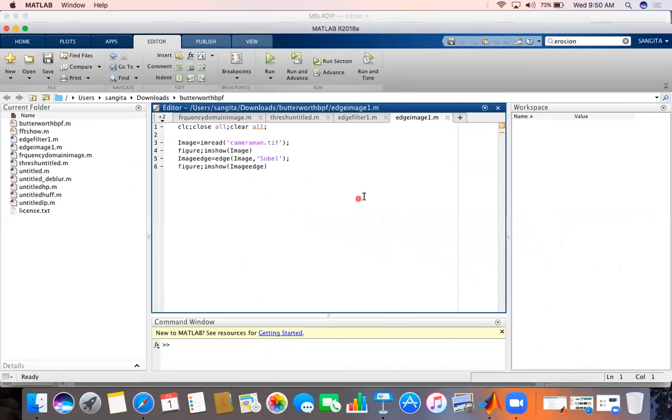So in the Matlab session earlier, last day we took this image, cameraman.tif, and applied the Sobel operation. Now instead of Sobel, here we will use Canny. What will happen? Let's see.